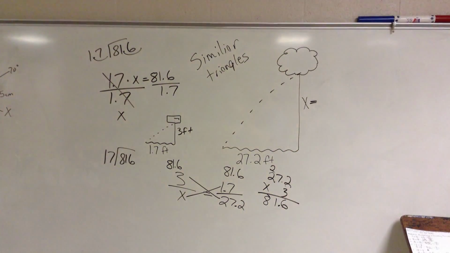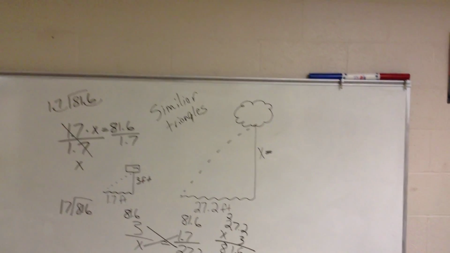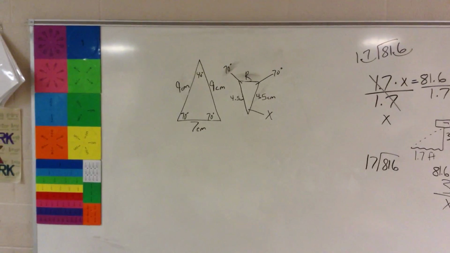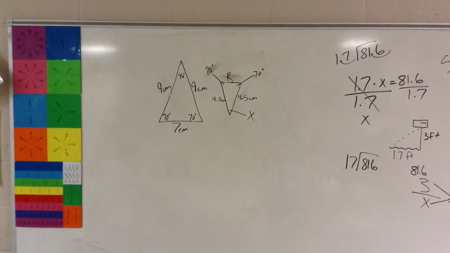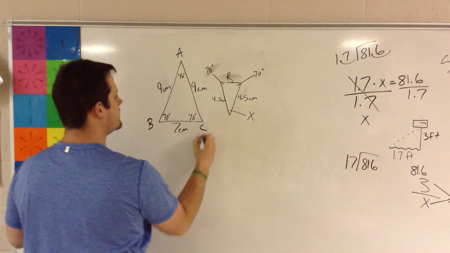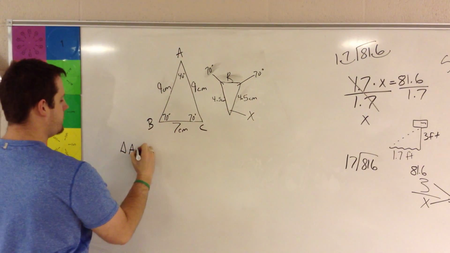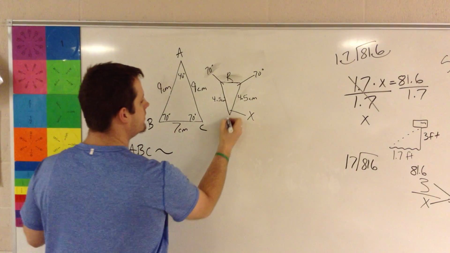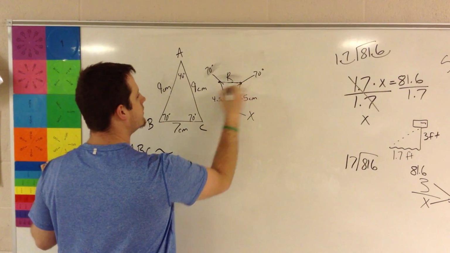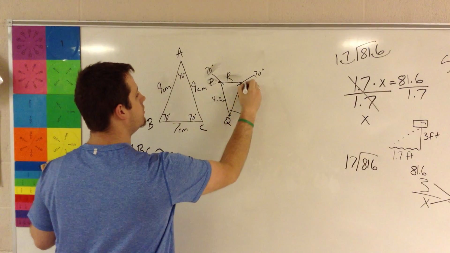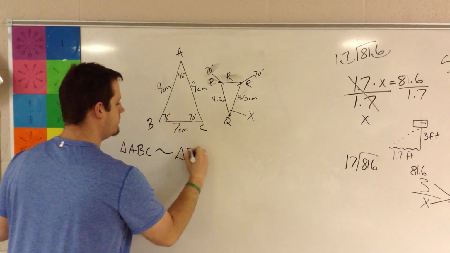Okay, you just saw that. Let's go to the next part of the review. We just hit the 5-minute mark. Let's go over here to this question. What we're going to assume about these two triangles is that triangle ABC is similar to triangle PQR.